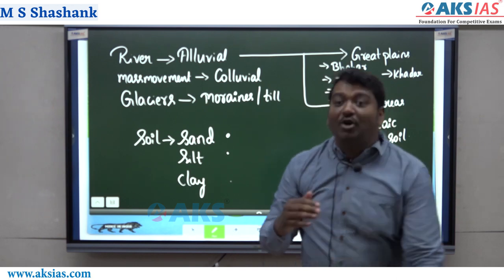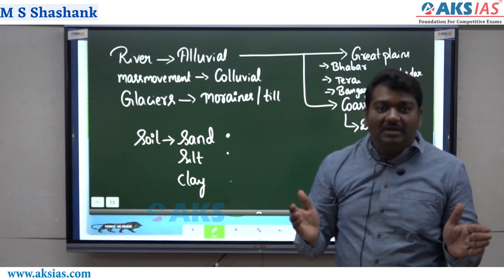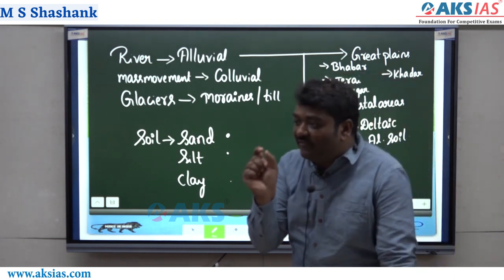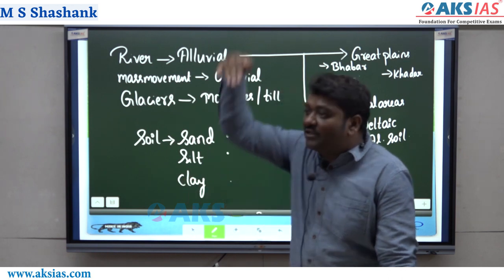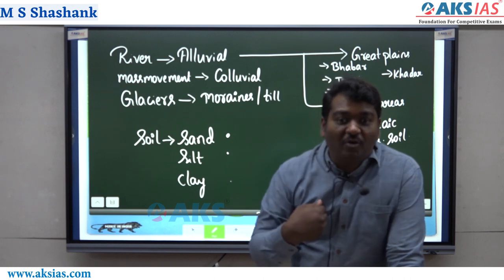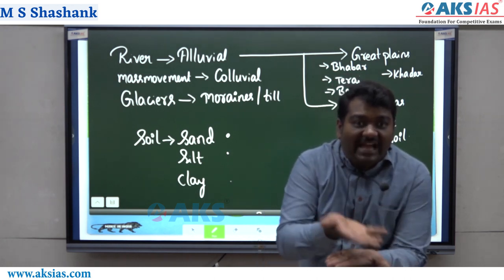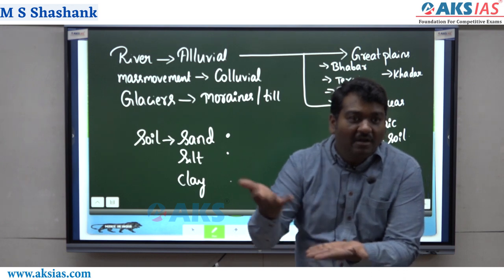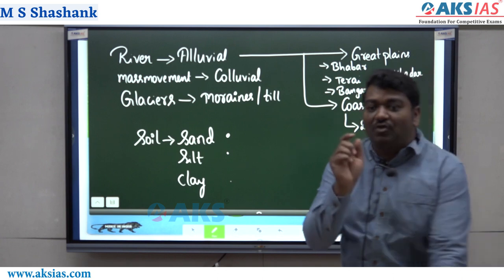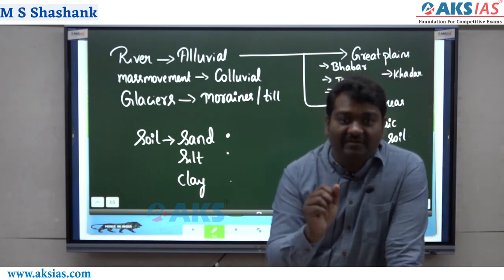Take crops like rice. If I grow rice on a soil where gaps are more, all the water keeps going down. But on a clayey soil, the water will stagnate there. Is it good for rice cultivation? Yes. So clayey soil is extremely good for rice cultivation.